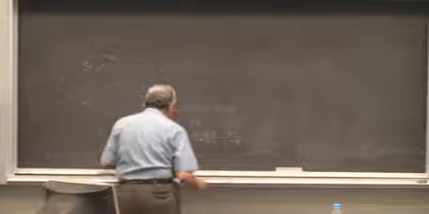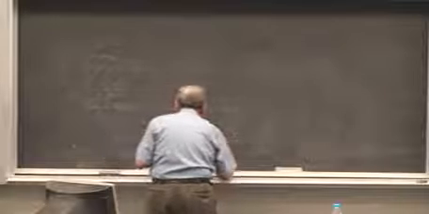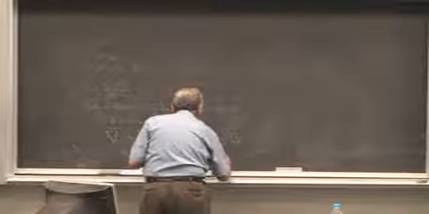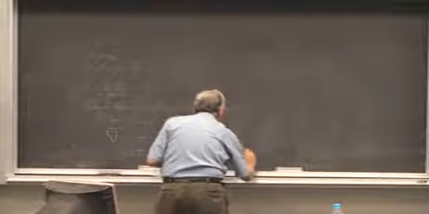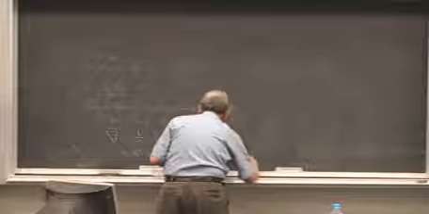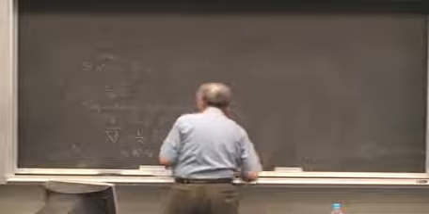This is a central potential, no dependence on phi, so you have delta cosine phi.